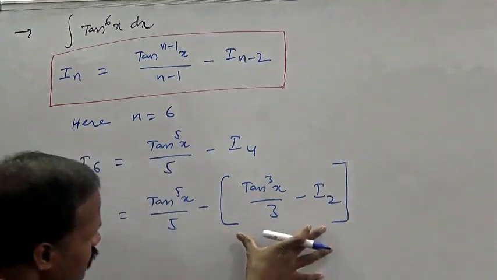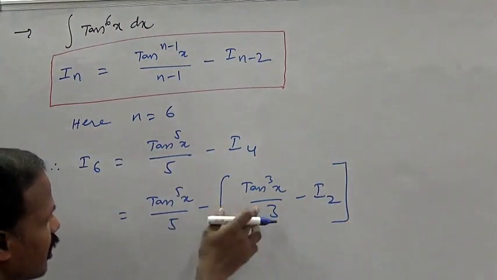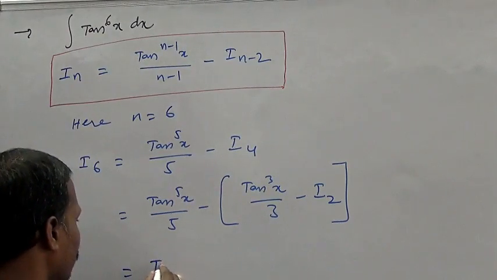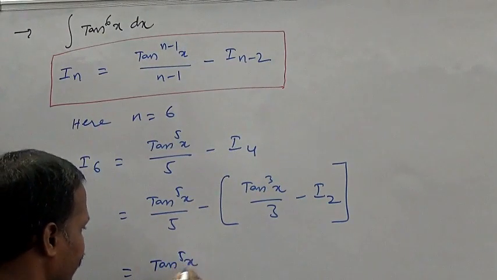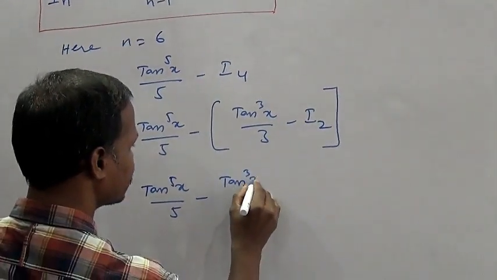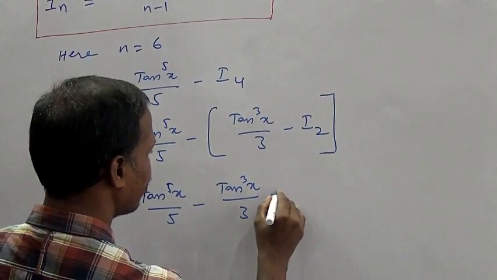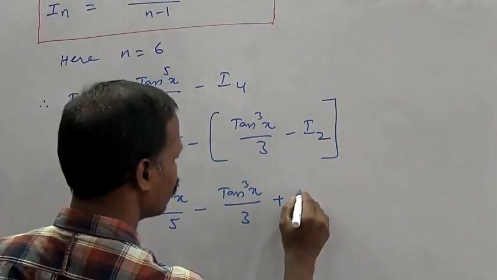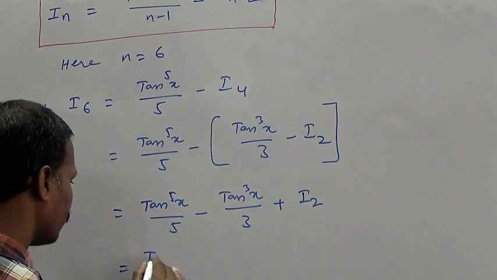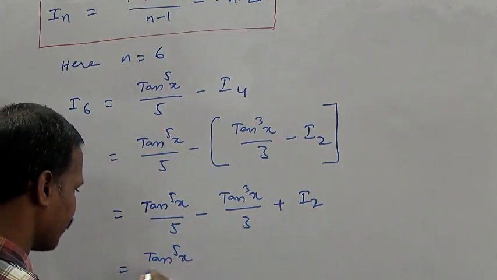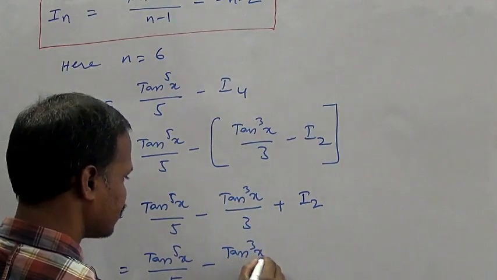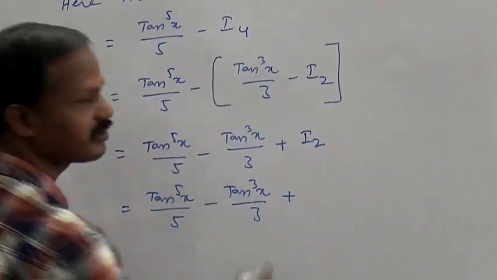See, here you must use this bracket, otherwise you may confuse this minus. So this is equal to tan power 5x by 5 minus tan cube x by 3 plus I2.